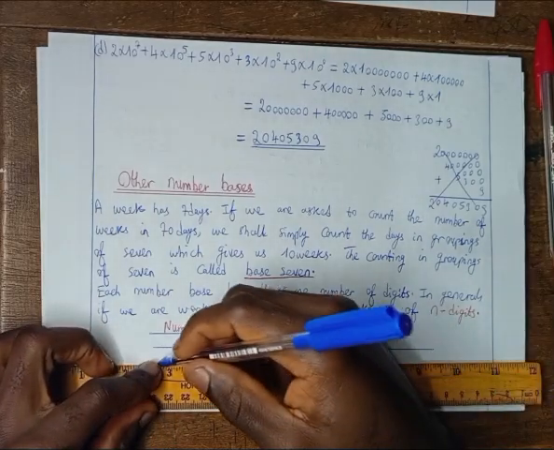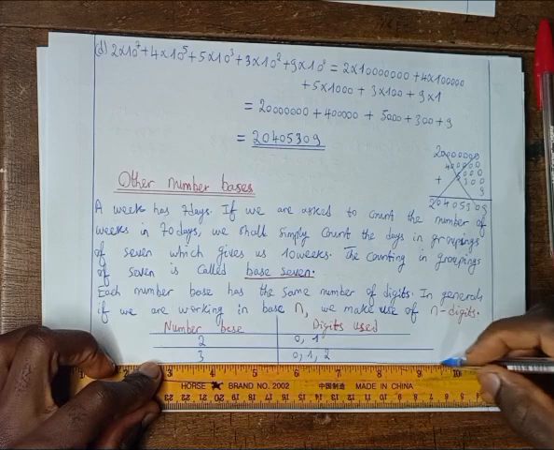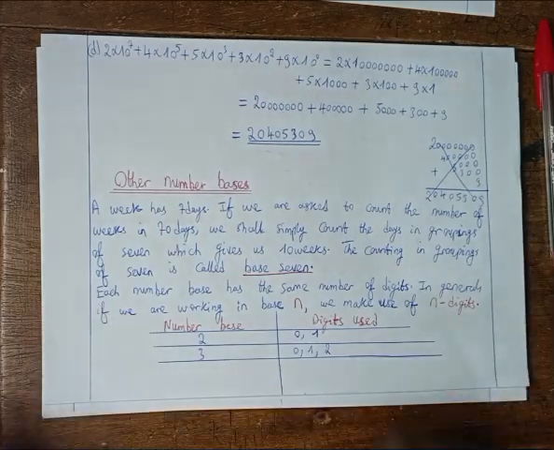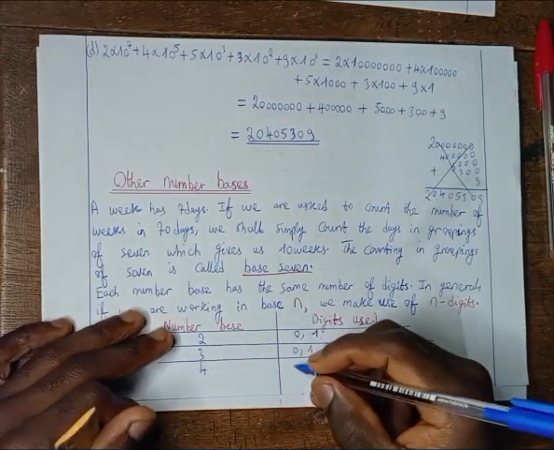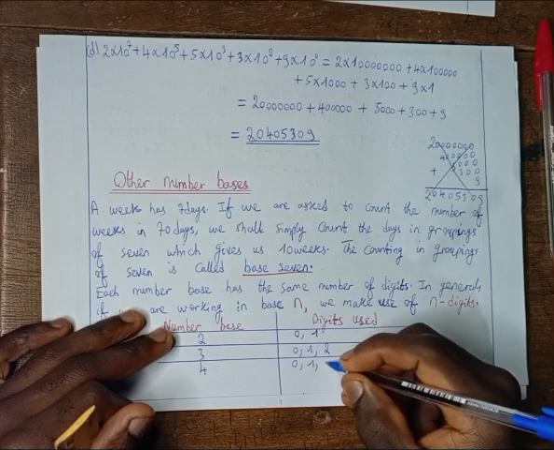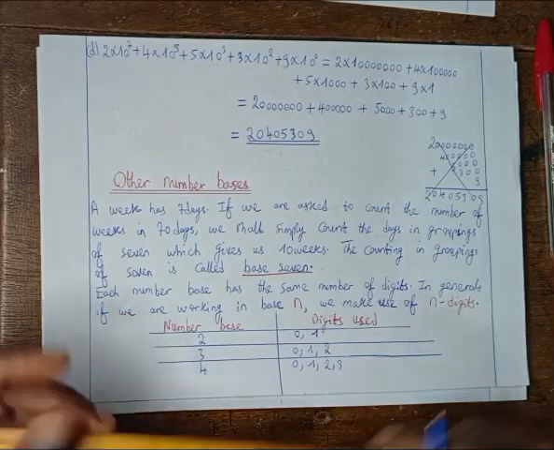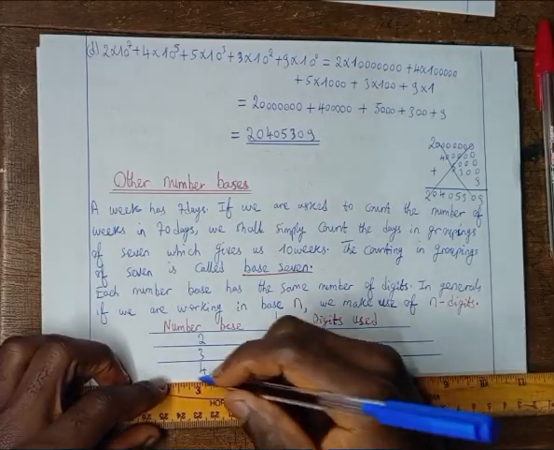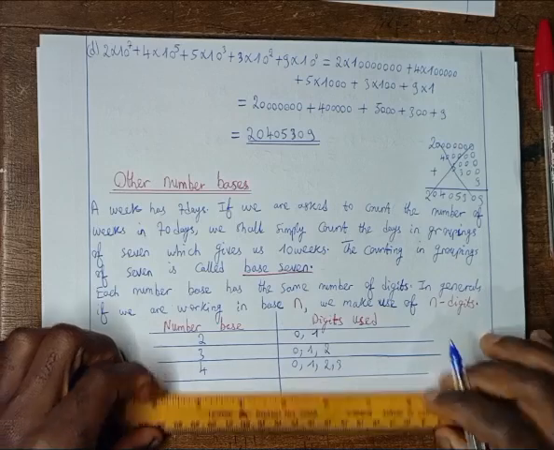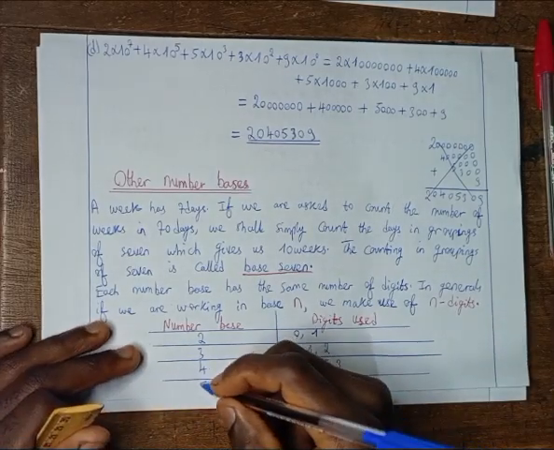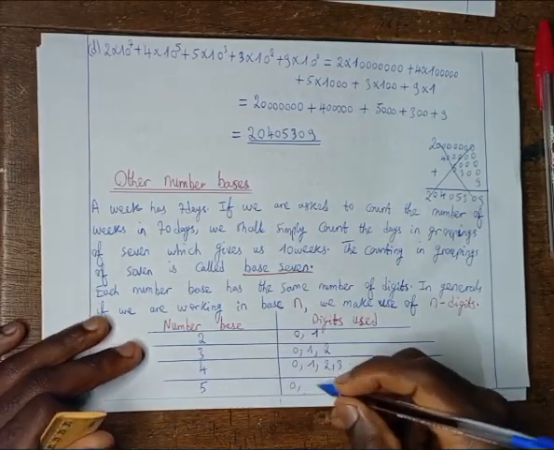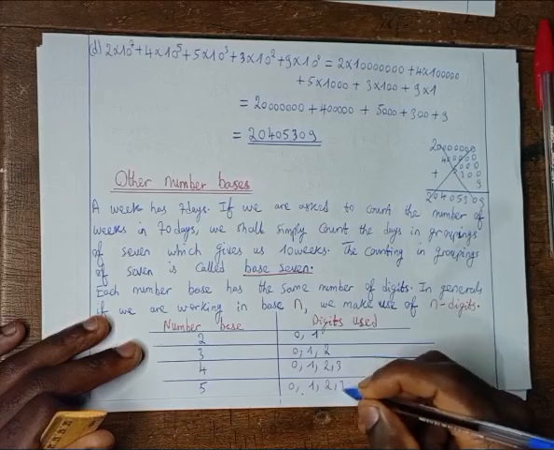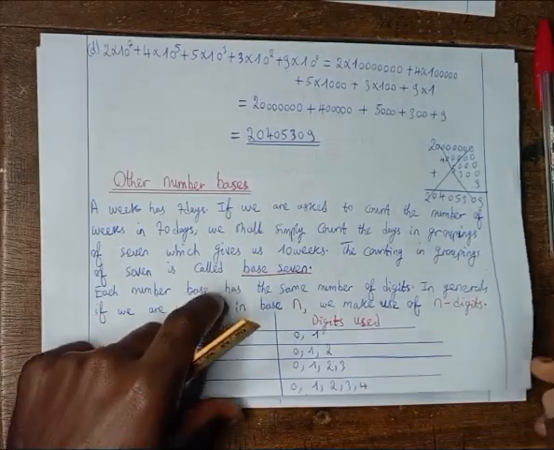You'll see that the last digit is always less than the number base by 1. In base 4, we make use of the digits 0, 1, 2, 3. In base 5, we make use of the digits 0, 1, 2, 3, 4.